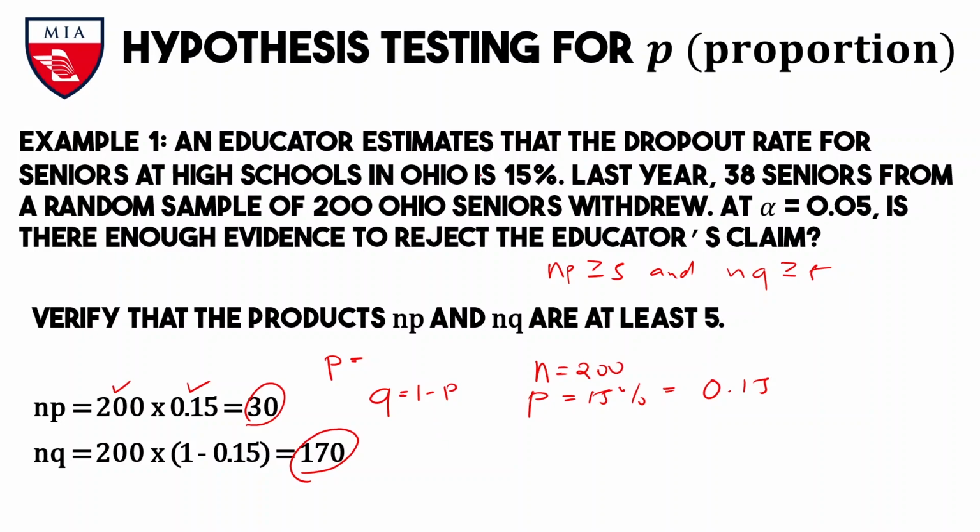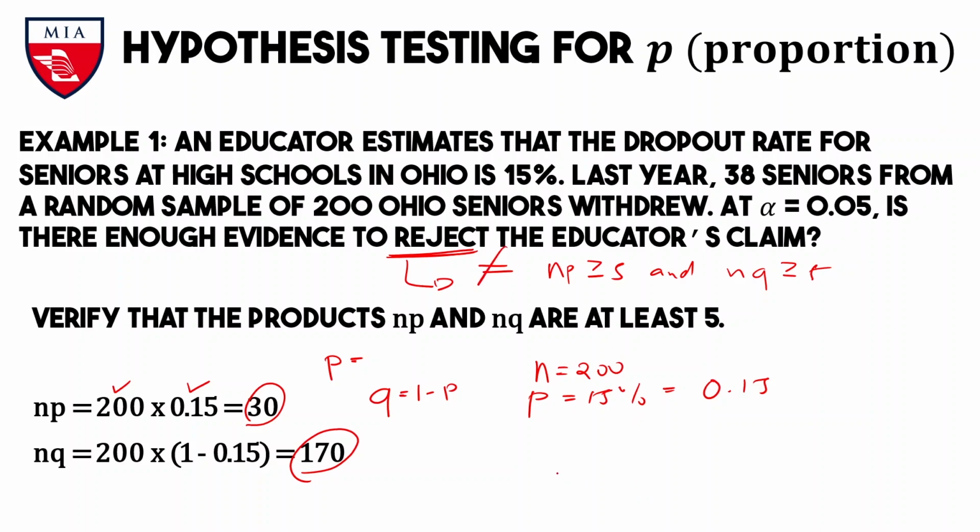So what is the claim here? An educator estimates that the dropout rate for seniors at high school in Ohio is 15%. The claim can be found in the last part or the first part. In this case, is there enough evidence to reject? If we have the word reject, it is automatically not equal.